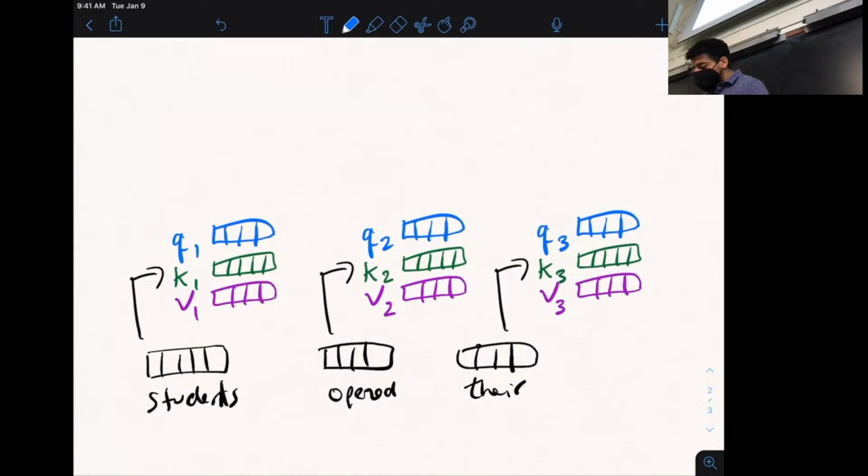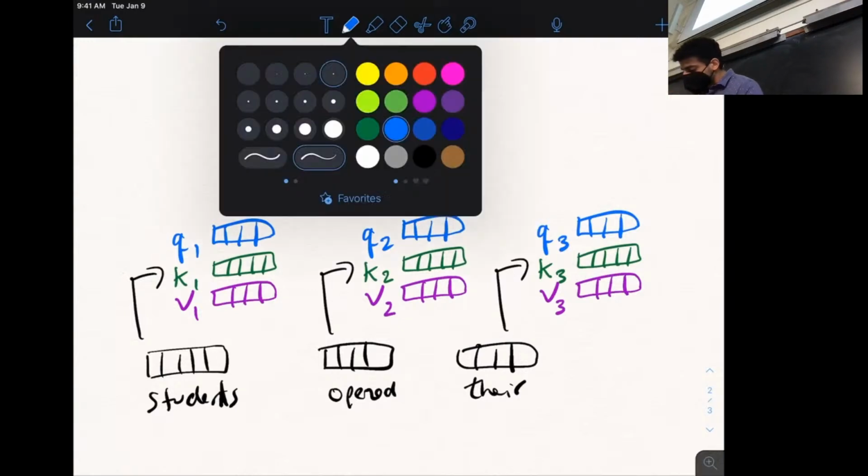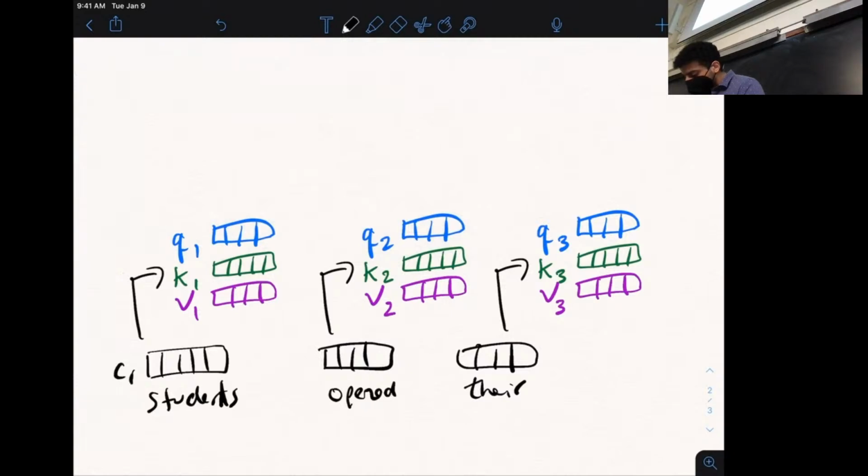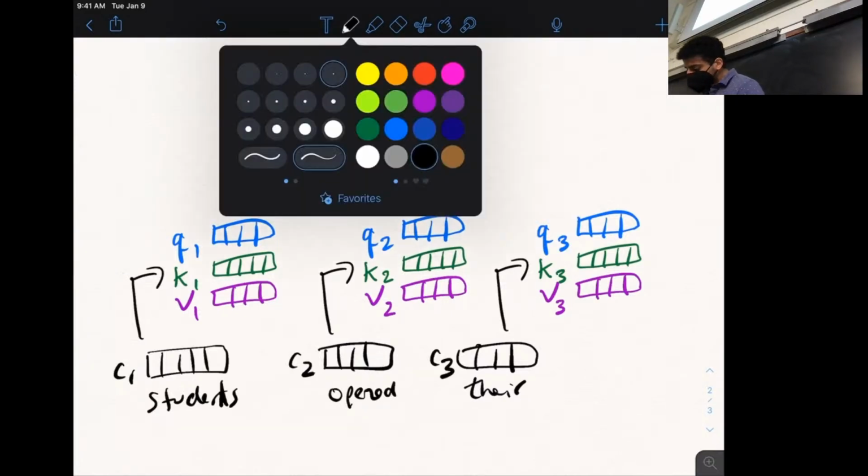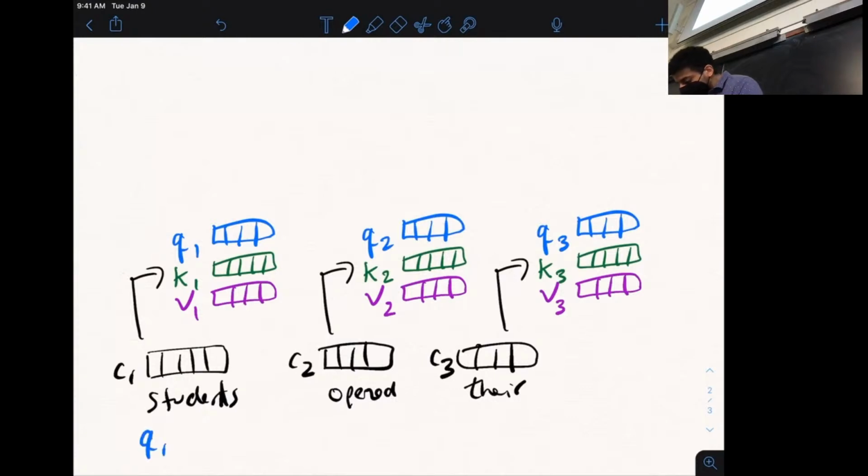How we compute these query, key, and values is, let's also name our word embeddings. So this was C1, C2, C3. So Q1 is just some function, maybe tanh or ReLU or whatever, of W_Q, a weight matrix associated with the queries, times C1.